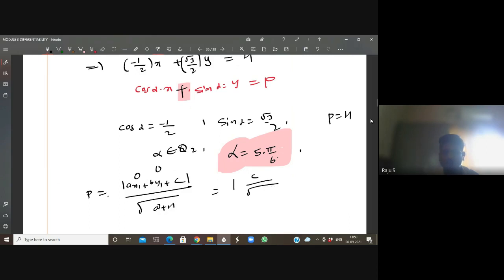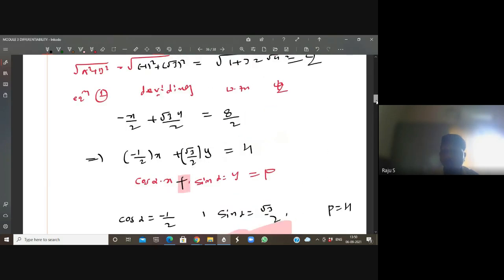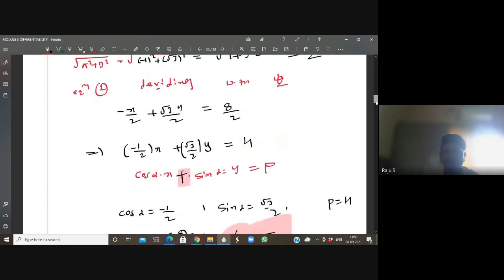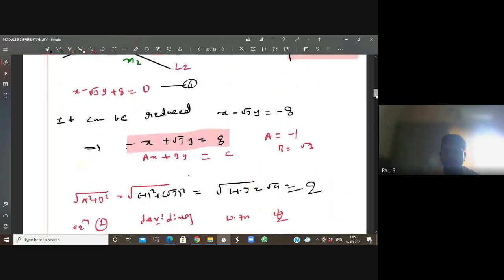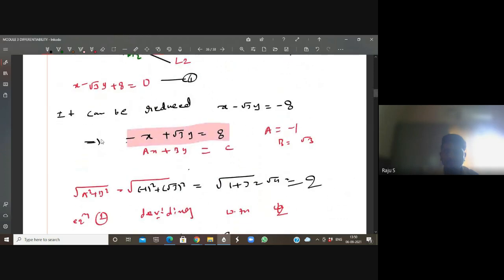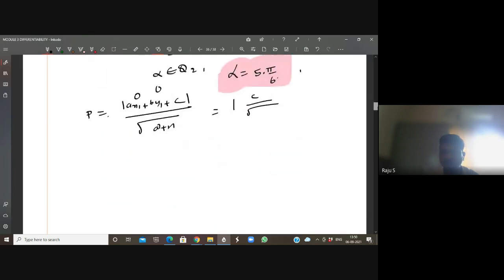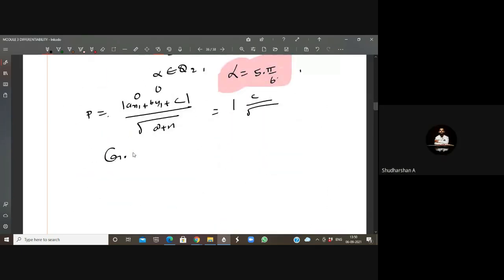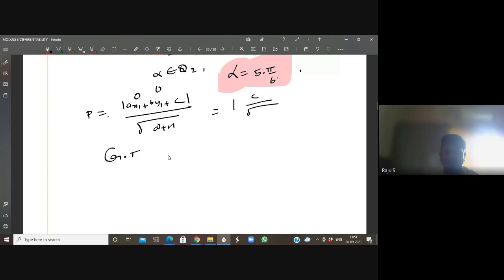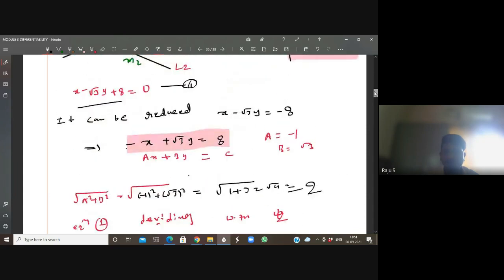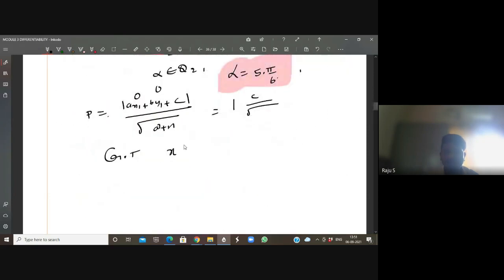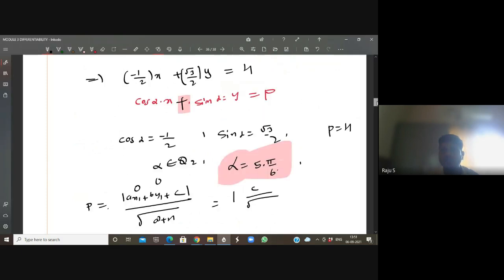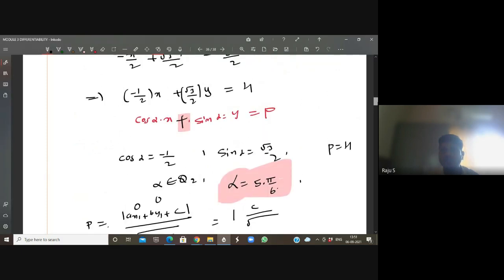Compare with the equation we got there. The given equation is x minus root 3y. Sir, but they have asked the distance only from the origin. First you have to write the equation in general form, x minus root 3y. Actually, we got the answer. This is the only answer. 4 is the answer.